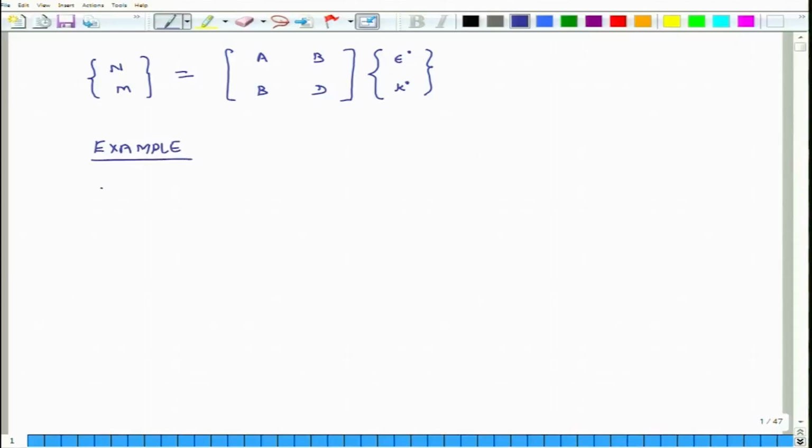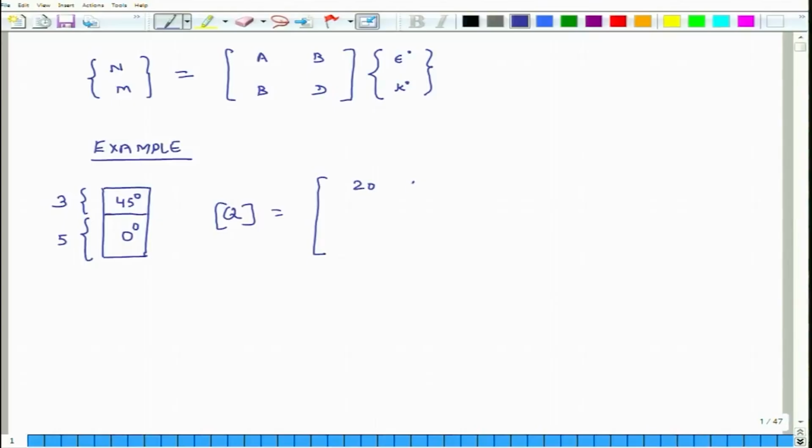So, here we are stating that there is a laminate and it is having just 2 layers. The orientation of the top layer is 45 degrees, orientation of the bottom layer is 0 degrees. The thickness of the bottom layer is 5 millimeters and thickness of the top layer is 3 millimeters. And then we are stating that the material in both the layers is the same. So, material properties are the same, which means that the Q matrix for both the layers is the same and the values are given here.